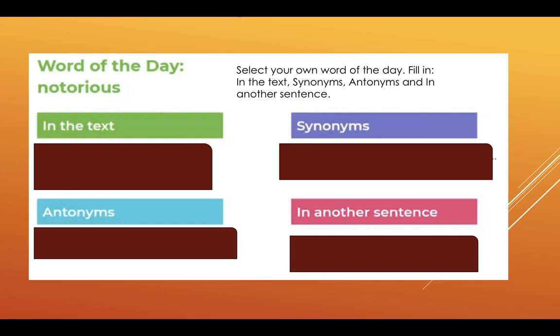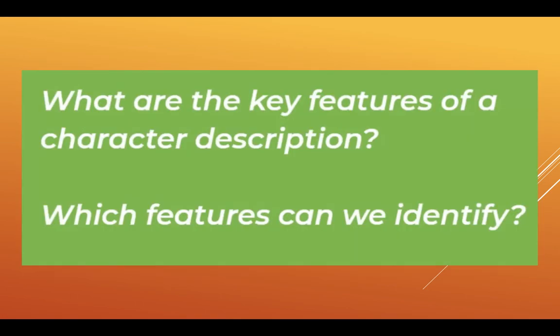Then you may want to use Google, find synonyms for your word of the day. Plus, you then need to find the antonyms, the opposites to your word of the day. And finally, put your word of the day into another sentence. So let's move forward because you are definitely going to need a text for that.